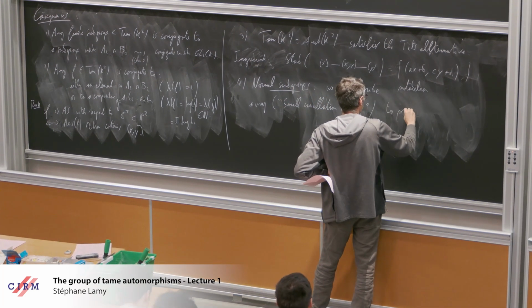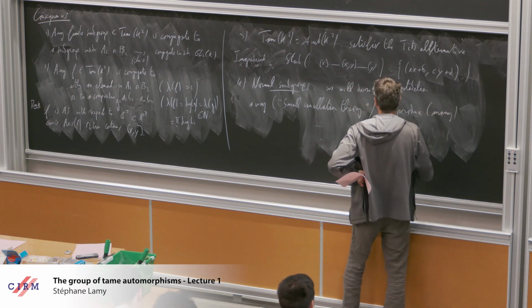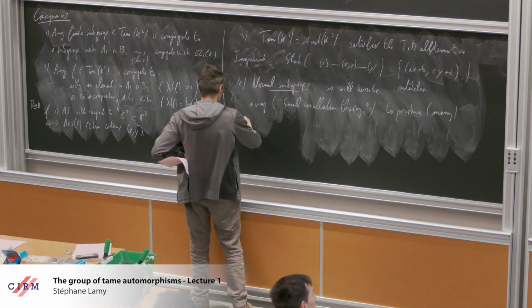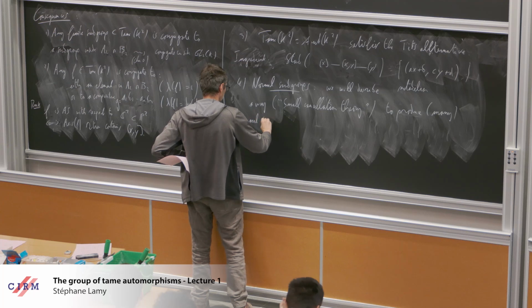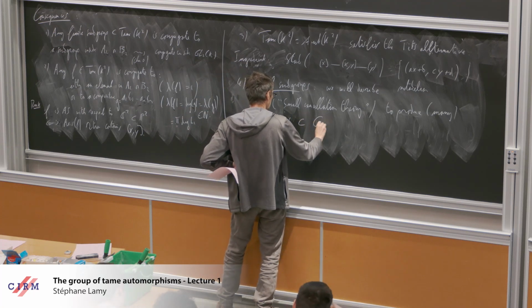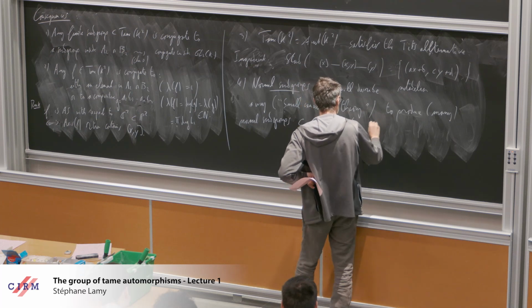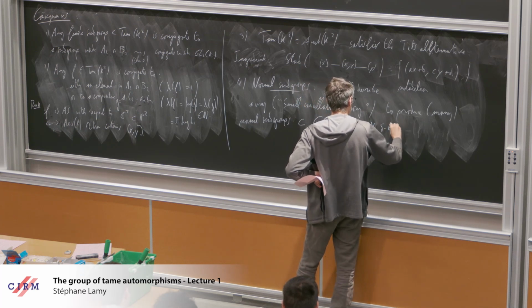To produce many normal subgroups inside a group G acting on X, where X is a delta hyperbolic space.